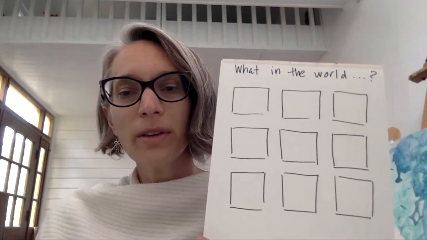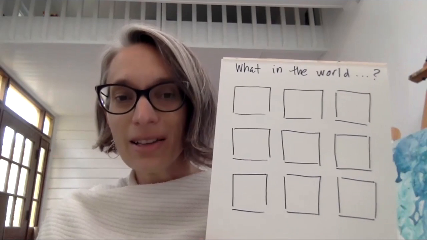So, today I want you to be observers and scientists. I want you to go outside and collect lines and patterns. So, what you're going to do is you need a piece of paper and something to draw with. You're going to take your paper and make a What in the World.